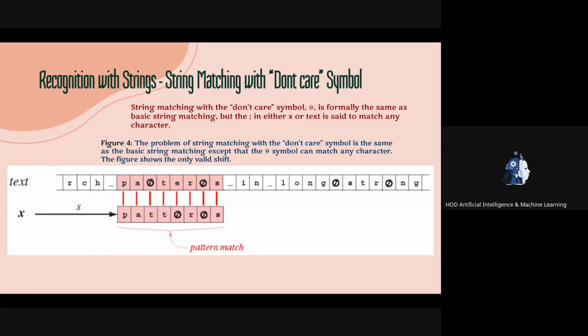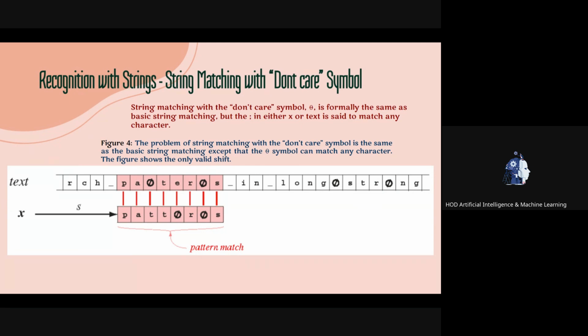So the next one is string matching with the don't care symbol. First of all, we must know what the don't care symbol is. String matching with the don't care symbol, that is this phi symbol, is formally the same as the basic string matching, but this don't care symbol in either X or text is said to match with any character.